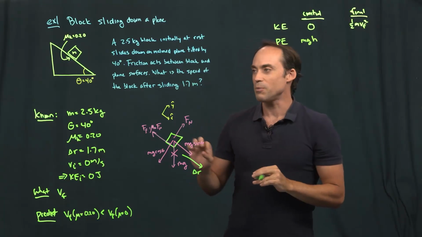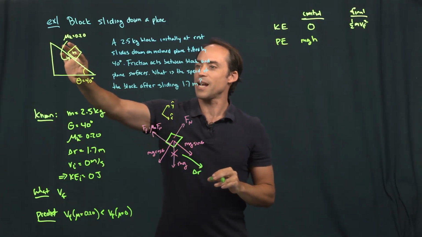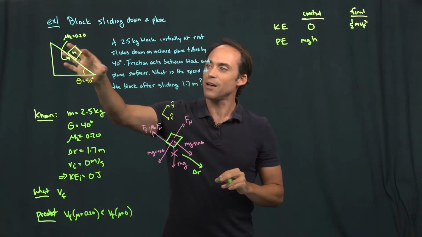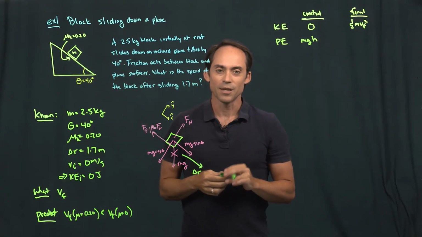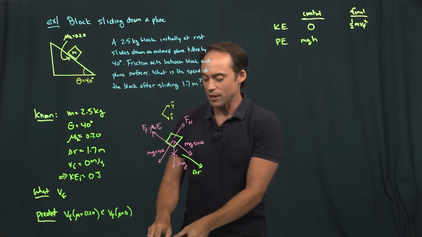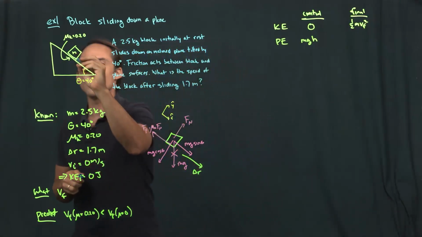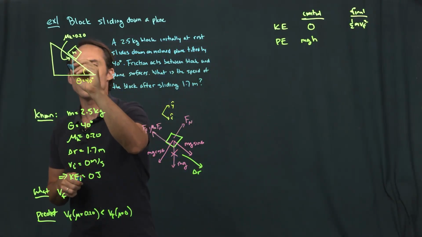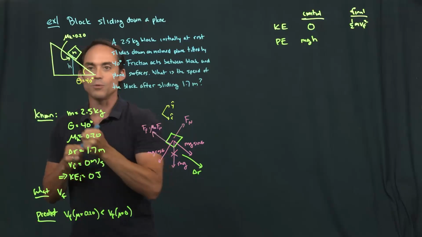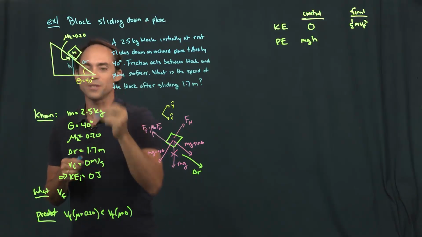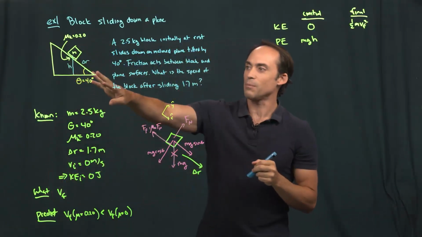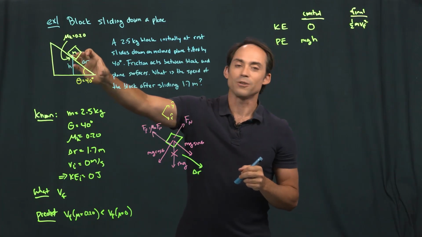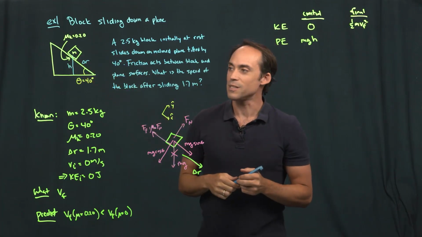But we have to be a little careful about the height because the height is not actually a number that's given. We're given a length along the inclined plane, so we have to be a little careful about our geometry here. But notice that the height here, h, is just equal to the opposite side of the inclined plane angle, relative to the hypotenuse, which is our displaced distance.